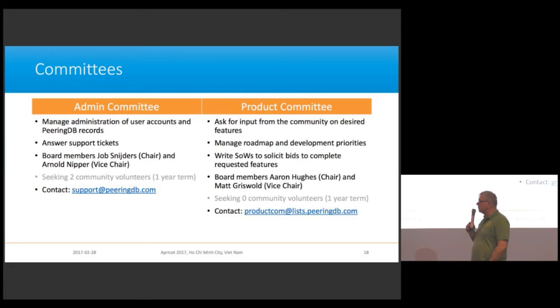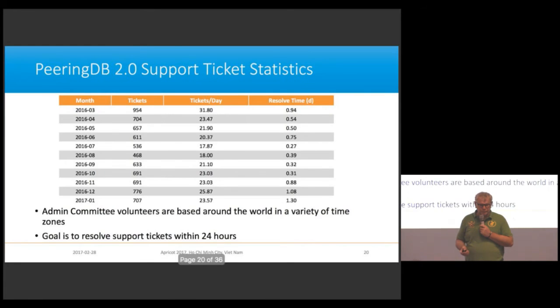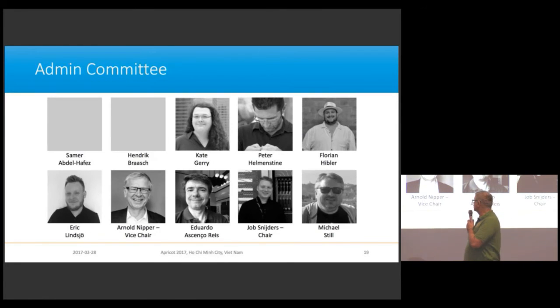The board members, Aaron and Matt, are leading this committee, and currently we are not looking for any new members over there. So this is the list of admin committees.